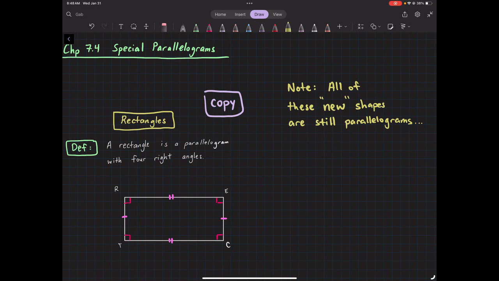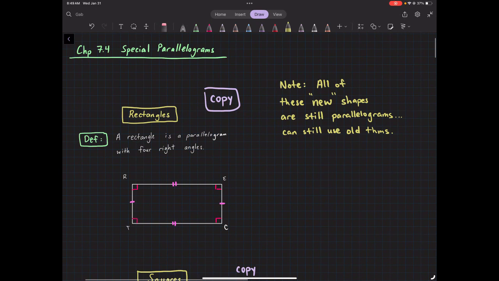That means you can still use those old parallelogram theorems, okay? Let me just put the old theorems. Okay, so just keep that in mind.